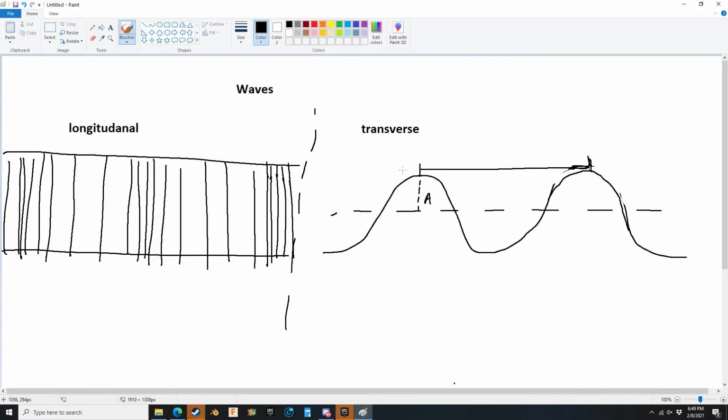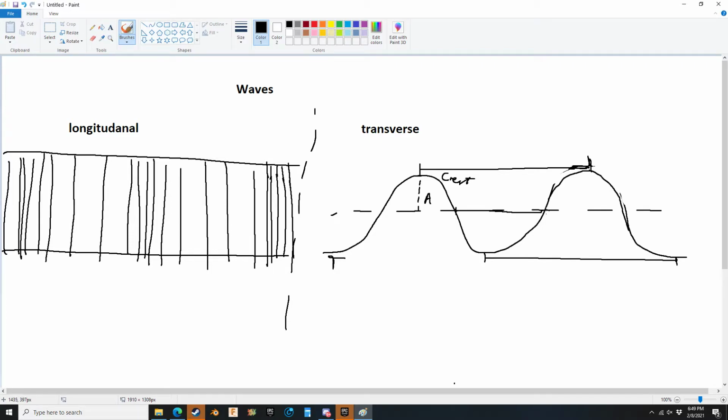We can do this for our crests, C, and troughs, T: from one crest to the next, or from one trough to the next trough.